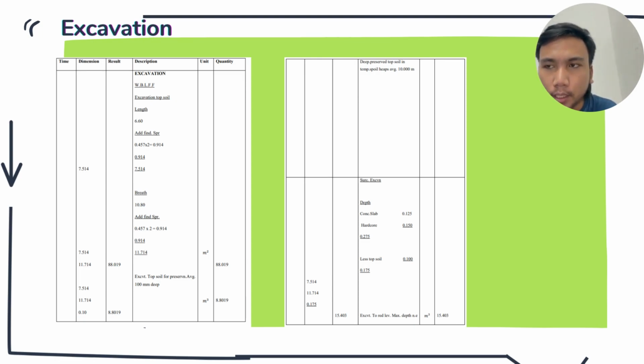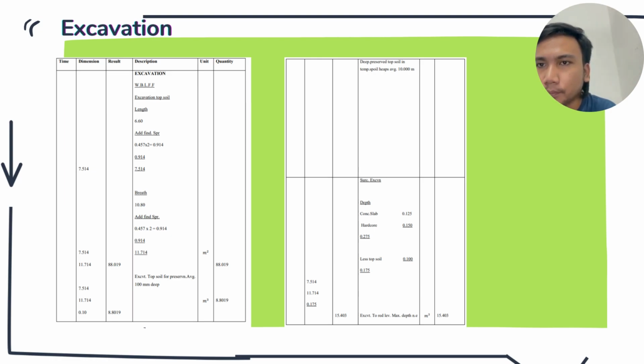For the breadth, 10.80 plus 0.457 times 2 gives 11.714. Length 7.514 times breadth 11.714 gives 88.019 meter square.